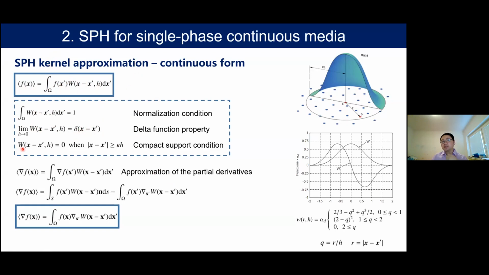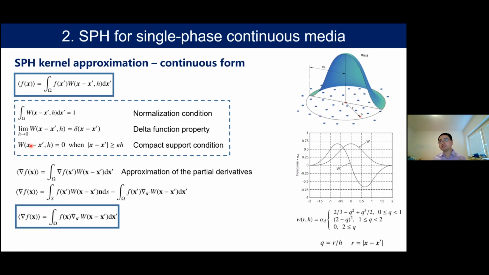But if you use an infinitely large support domain, you can understand that it means that the material point at one place has influence on the material point which is far away from it. This is unphysical in simulations.